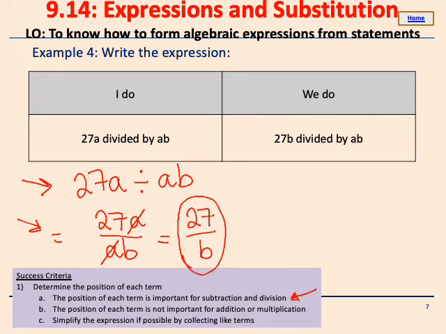So now we're going to look at simplifying as well as we go through this. Just like at the start when we could have collected the terms, now we're going to look at simplifying them as well, as stated on our last piece of success criteria. So pause the video now and try and simplify and write the expression for the redo.